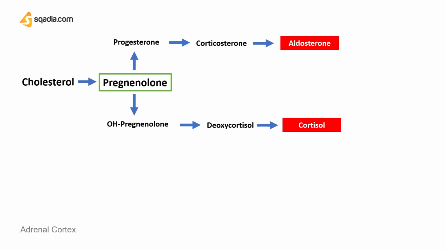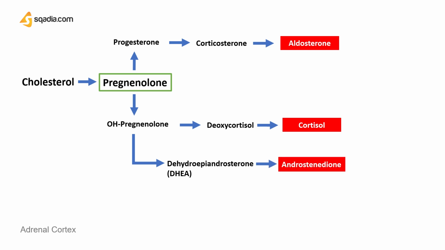body. Now we get the precursor for androgens via the same hydroxypregnenolone, which is converted to dehydroepiandrosterone, also known as DHEA, resulting in androstenedione.